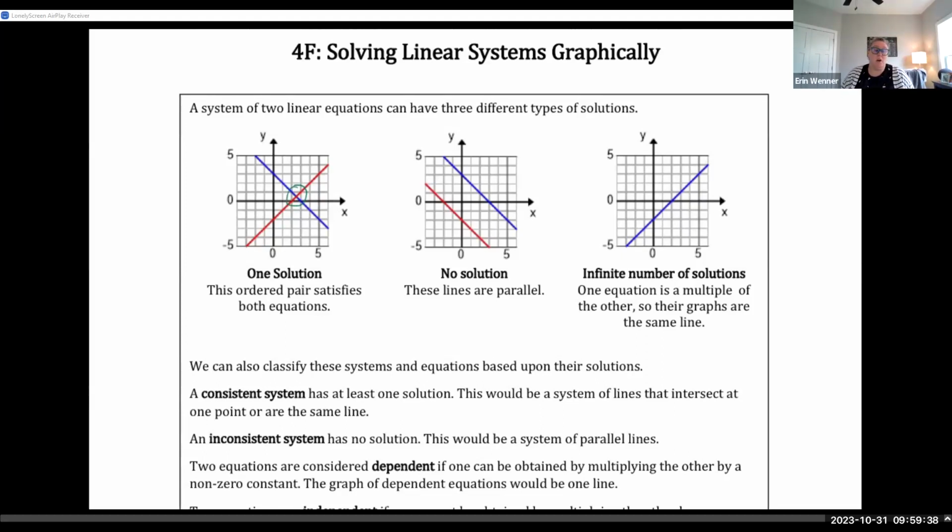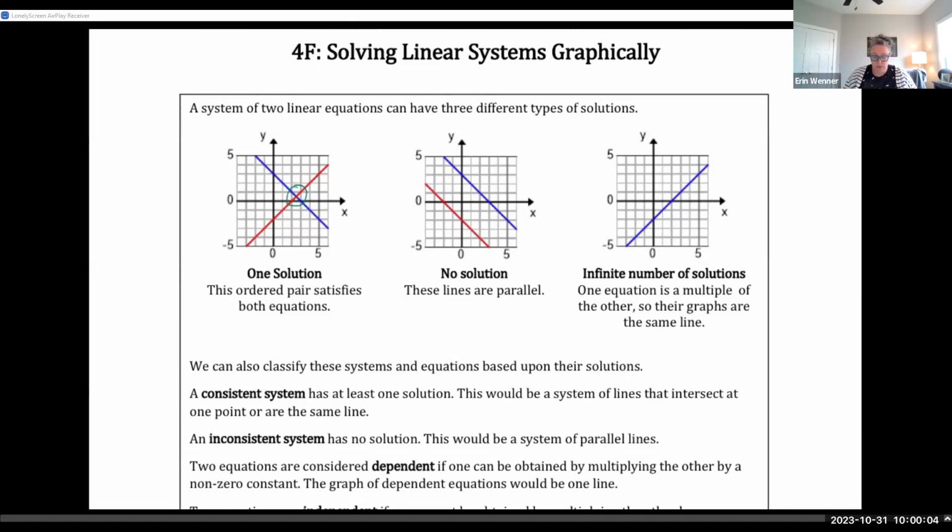Then we can have the idea of no solution, and no solution happens when two lines are parallel. When we think about things that are parallel, predominantly railroad tracks are parallel. Occasionally they cross over each other, but the two tracks are parallel, right? And two things are parallel when they have the same slope.